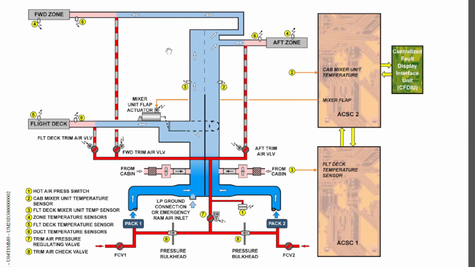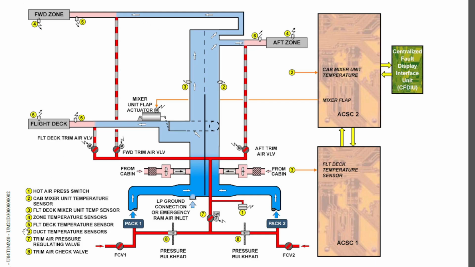The reason they are located on the lavatory and galley extraction duct is so the temperature sensors can be ventilated via the lavatory and galley extraction system. Here the temperature sensor is ventilated by the avionics equipment cooling system, and here we have another 3 temperature sensors.